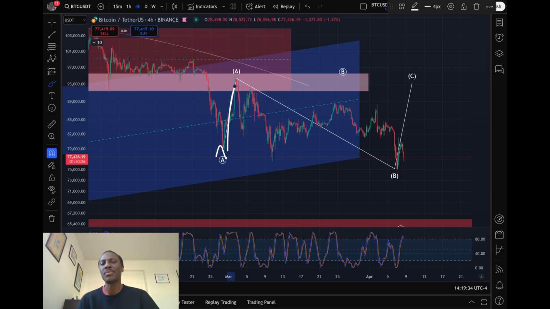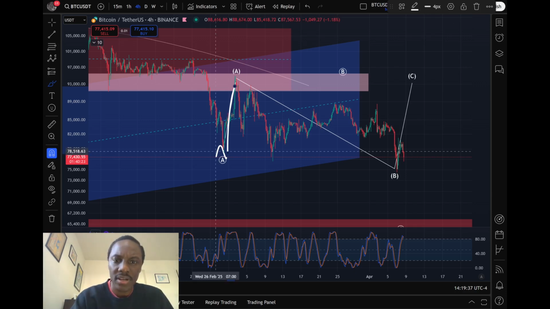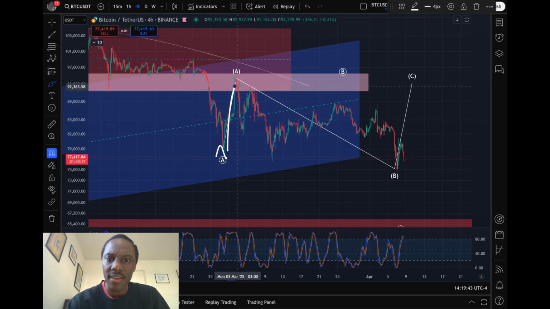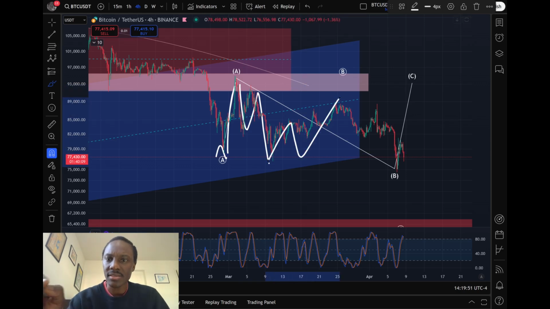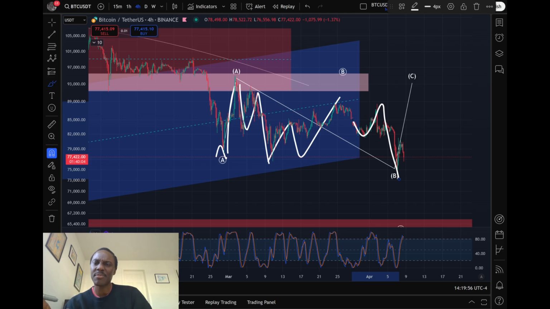And that is my A wave, again, composed on the smaller time frame of three waves. Now, you can see this B wave is composed, the first wave of the B wave is in and of itself a three-wave move. This is a three-wave move, and this is some type of three-wave move, some type of impulse. It's more of a type of impulse, but do you see that?